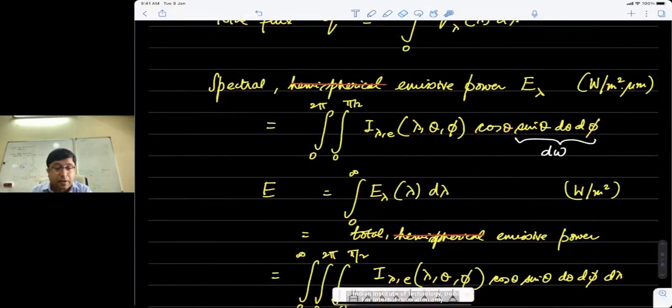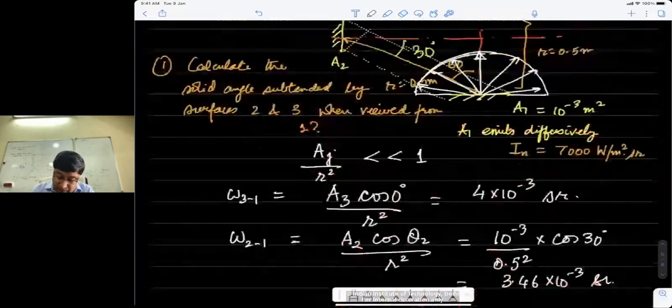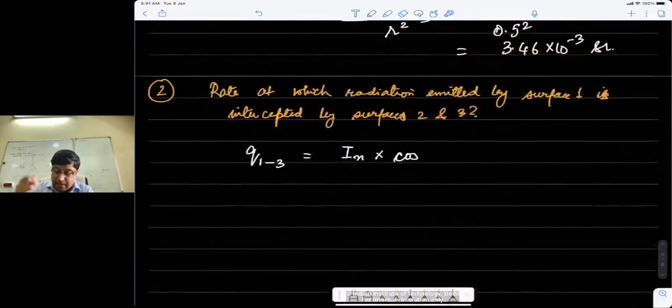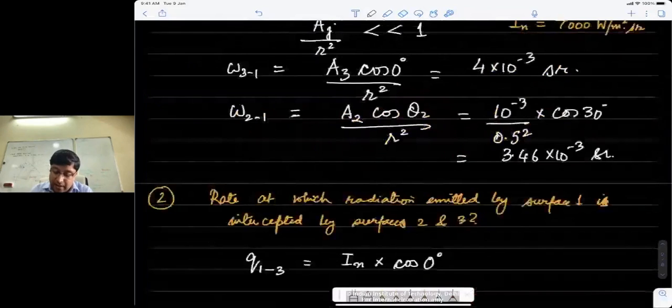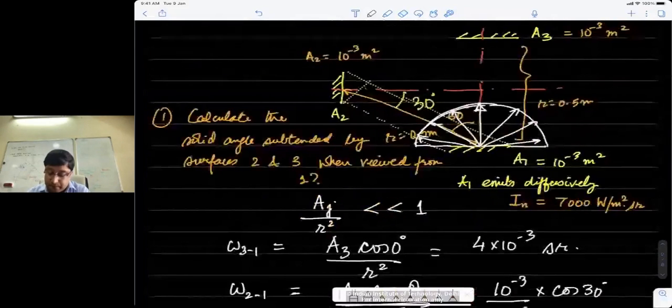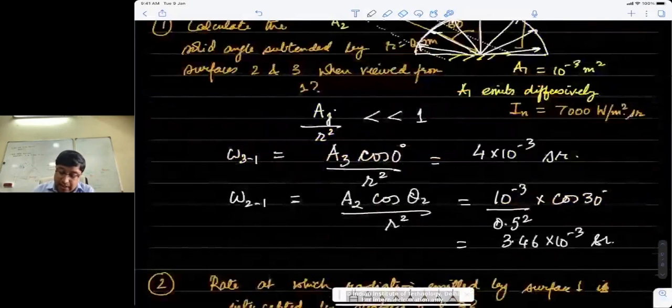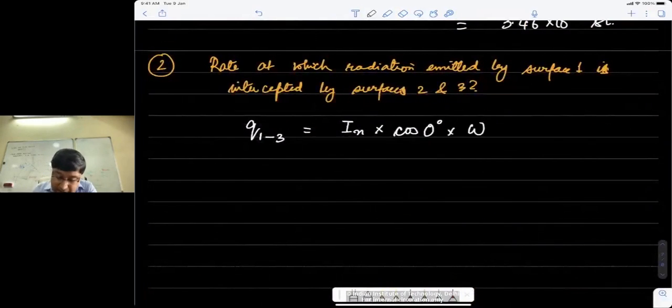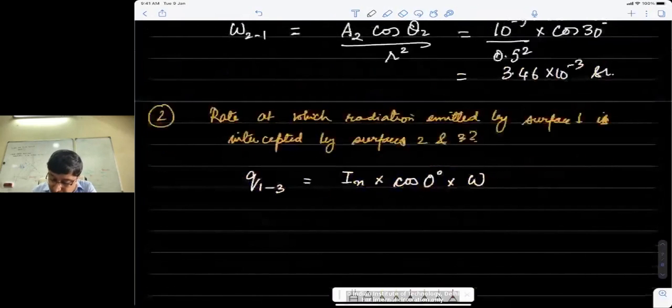Cosine theta was actually separate from the solid angle. So we will write this radiant energy as IN times cosine of the angle in that direction. In this case, I know that surface 3 is along the normal direction only. So that is cosine 0 degree into the solid angle, which is the angle when viewed from 1. So I can write this as, yeah, omega 3(1).